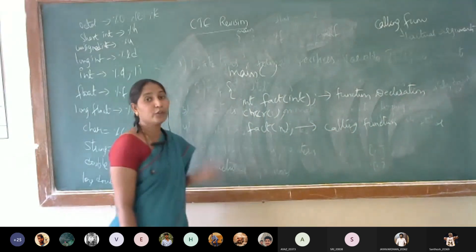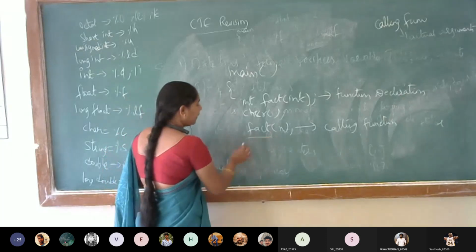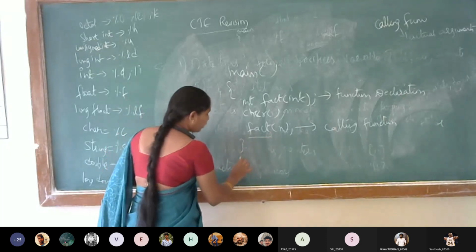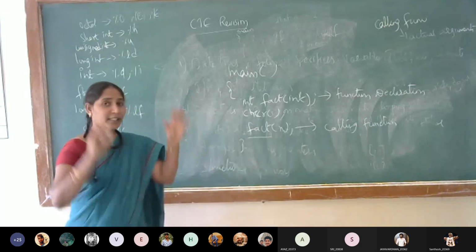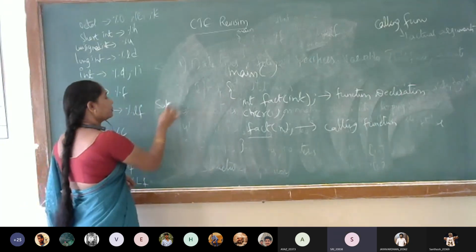Then what you need to have is the function definition. Here we will be printing that particular statement, and the function definition will be specified in the sixth section, which is nothing but the subprogram section.